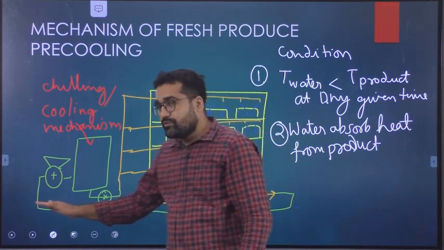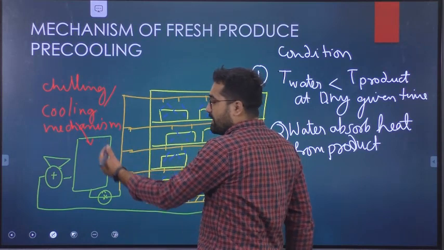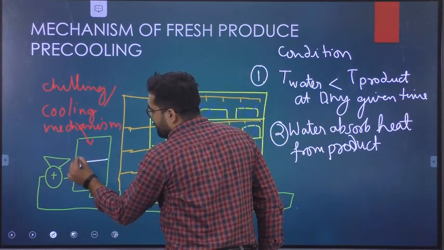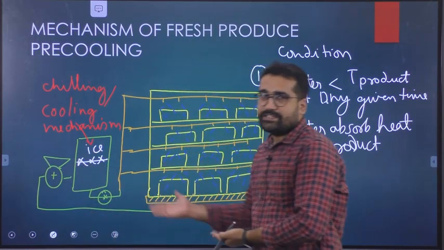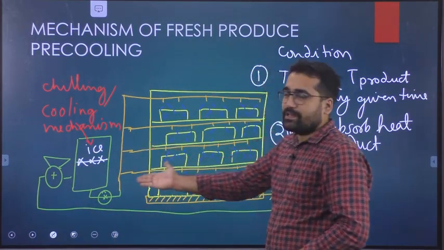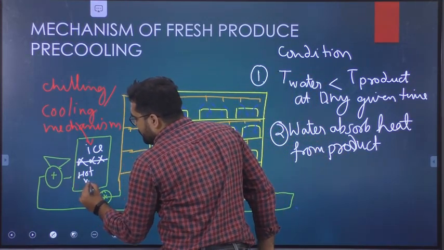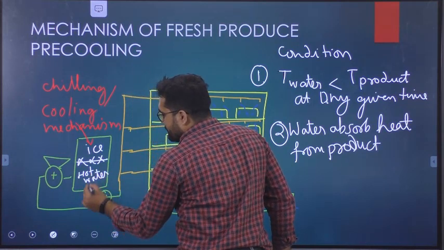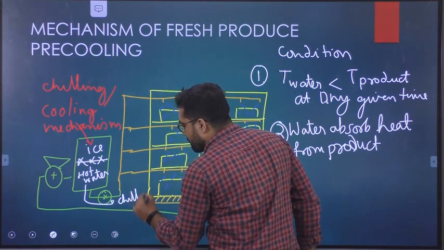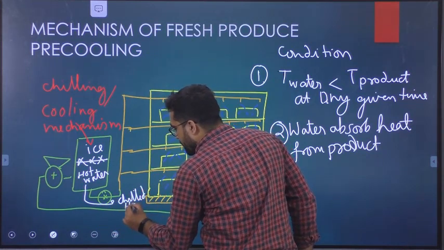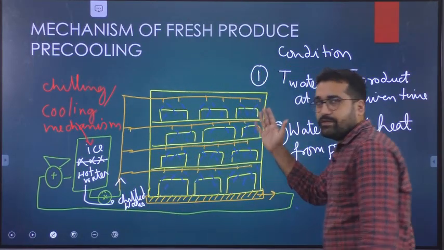Then again this hot water will be fed with the help of a pump to the cooling mechanism. So here heat exchange will be there between the ice and the water. Okay. So this will be a chilling chamber or cooling chamber in which we have kept the ice, and again we feed it with the hot water. Okay. So which will get chilled, and we will get chilled water again, and which will sprinkle it.